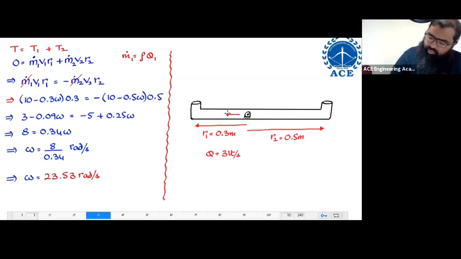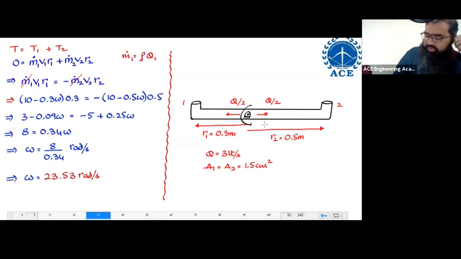Again, mostly what happens is you'll have Q by 2 and Q by 2 on either side. This is nozzle 1, this is nozzle 2. The cross-section area 1 is equal to cross-section area 2 is equal to 1.5 centimeter square. The rotation will be given to you.